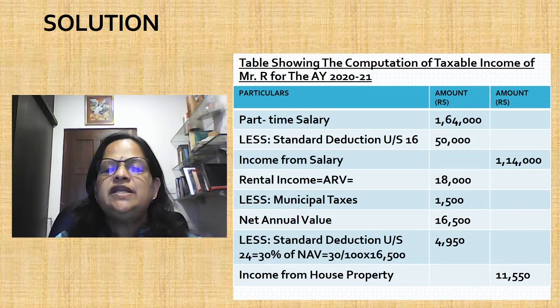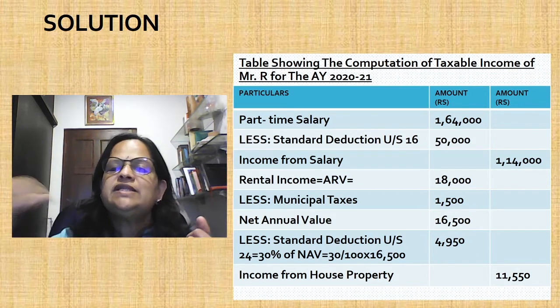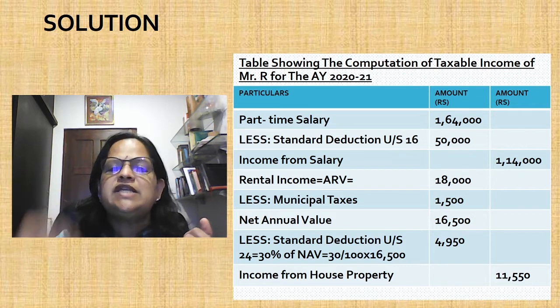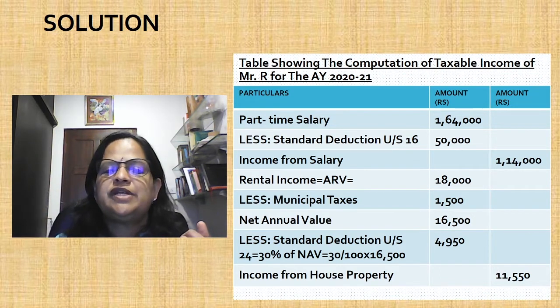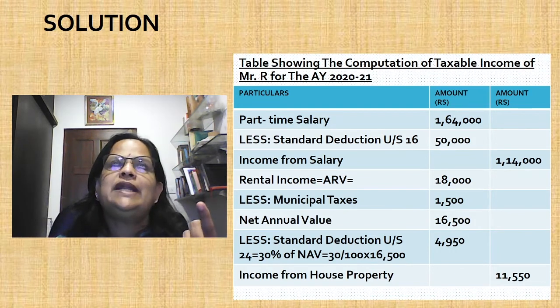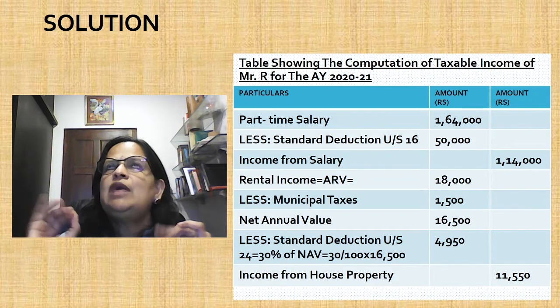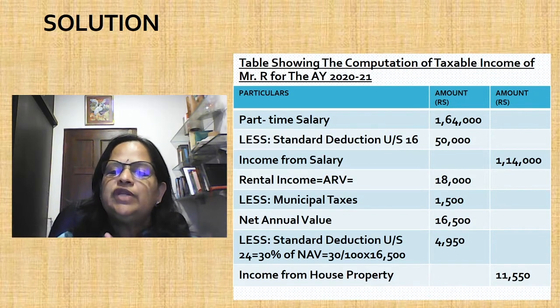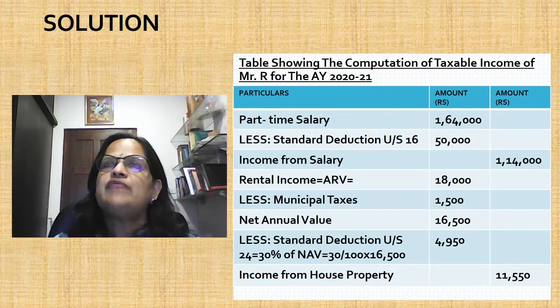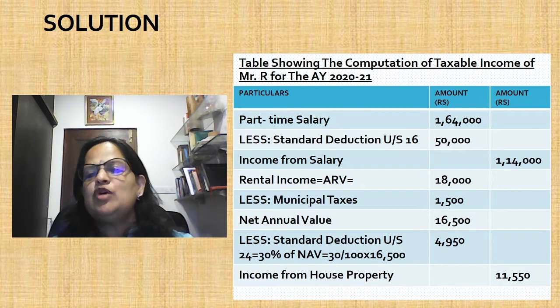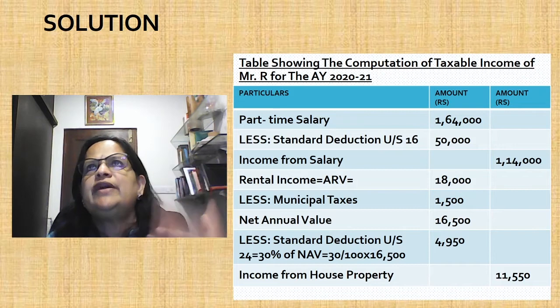It is 18,000 less municipal taxes 1,500, so you get net annual value 16,500. Now less standard deduction under section 24. For let-out house property, 30% of net annual value is allowed as standard deduction. So 30 by 100 into 16,500 is 4,950. So income from house property is 11,550.